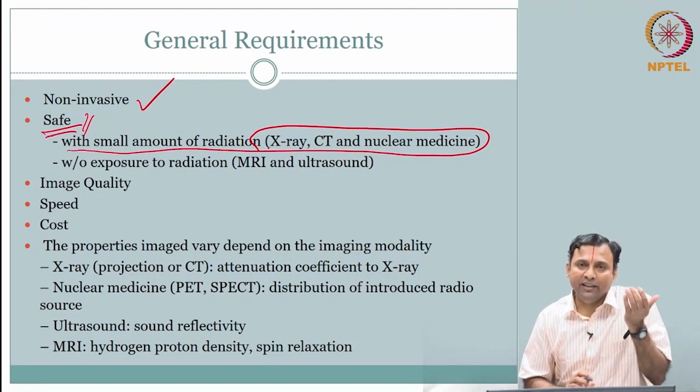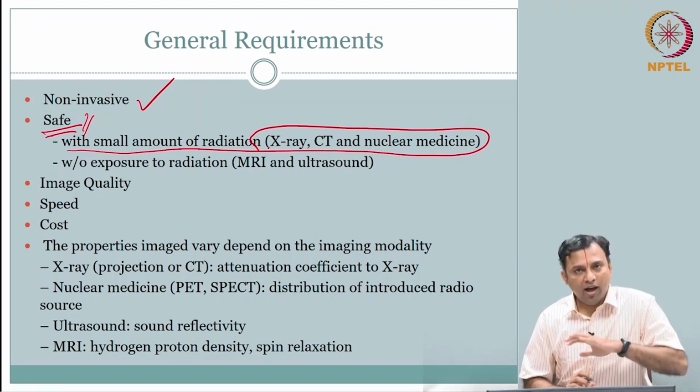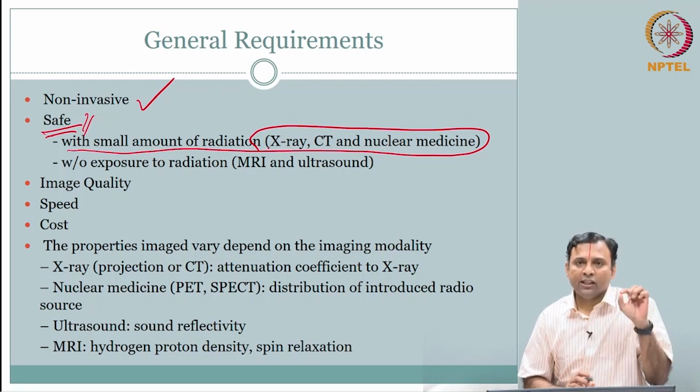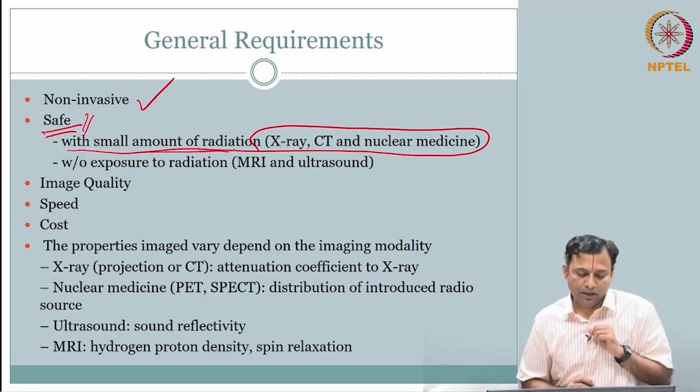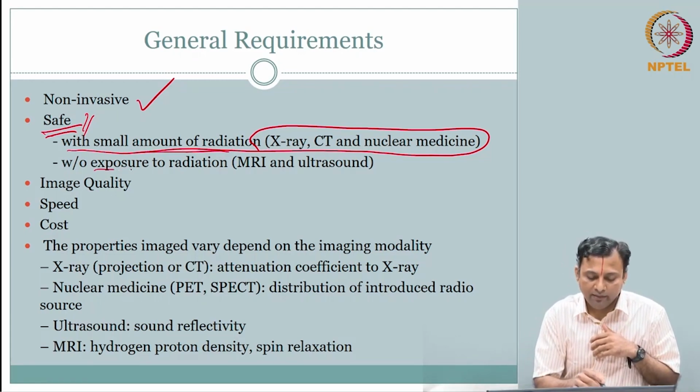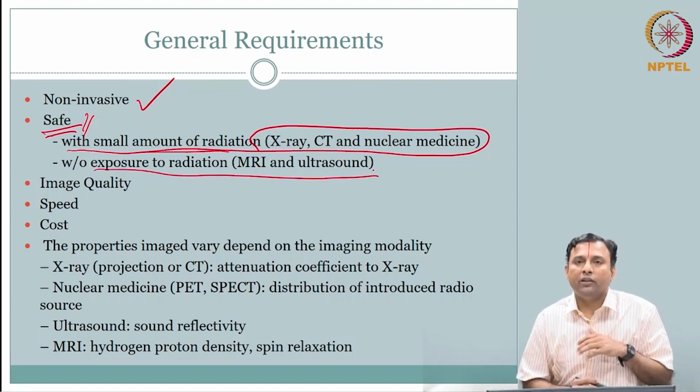The benefit of getting this information far outweighs the small risk that you run when you do radiation. Of course, there are other modalities where there is no problem, there is no at least known biological detrimental effect, like your MRI and ultrasound, right.